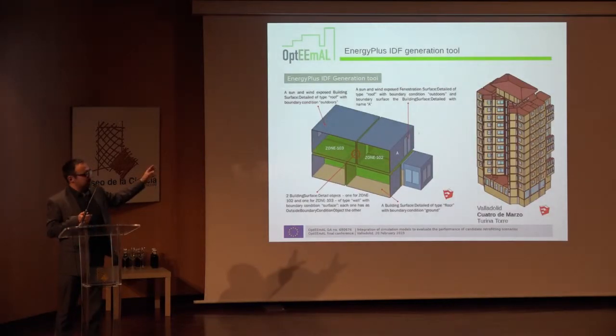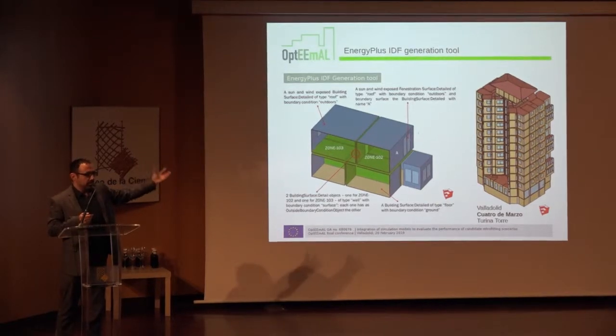So this is one picture: on the left is a demonstration building, a very simple building, and on the right is a picture of Torre Turina. What you see here is essentially the geometric component of the required EnergyPlus input data files.